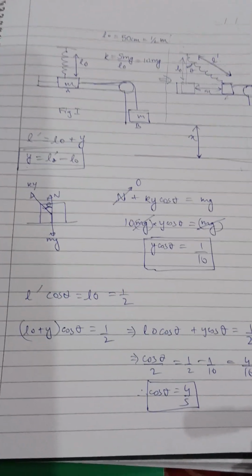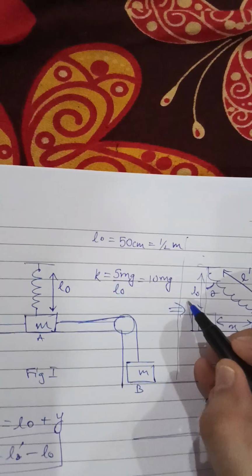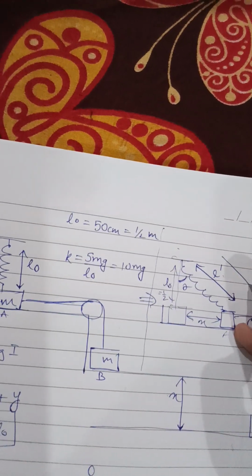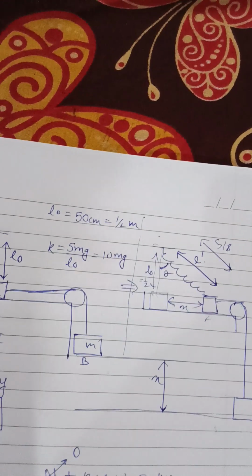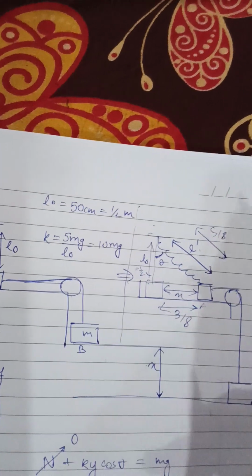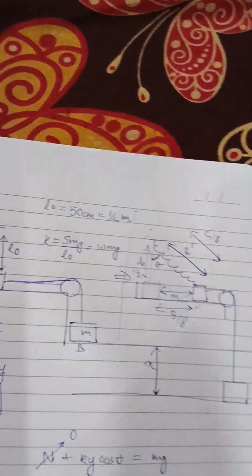Now if we use basic trigonometry, which I hope you know, this we know is half or 4 by 8. So L dash becomes 5 by 8. And because of trigonometry again, this becomes 3 by 8. This is basically a standard 3-4-5 ratioed right angle triangle.